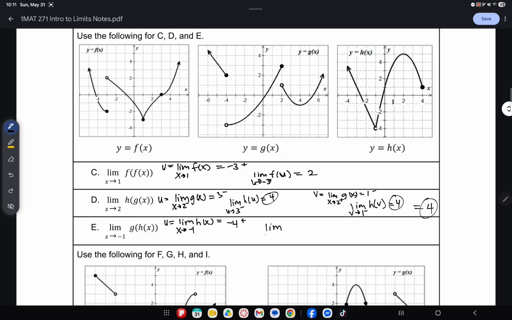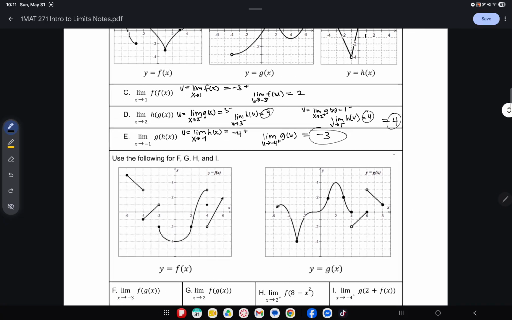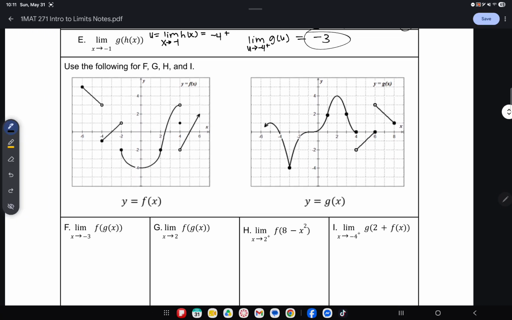So the limit as u approaches -4 from the right for that outside function g. So here's g, -4 from the right is -3. So that limit is -3. All right, I'm going to redeem myself with doing these.